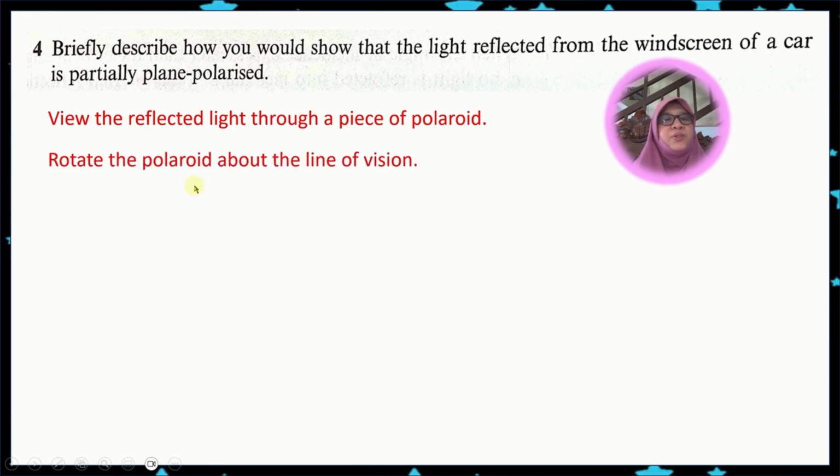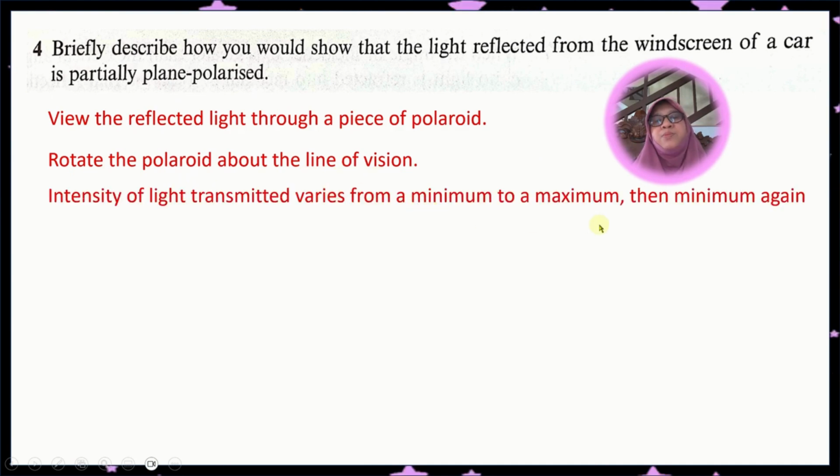We can rotate the polaroid about the line of vision, and it will change from minimum to maximum and then minimum again. By this method, we can know that the light reflected from the windscreen of a car is partially plane polarized.